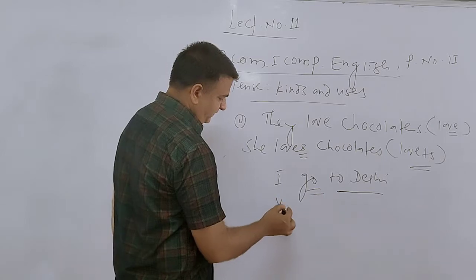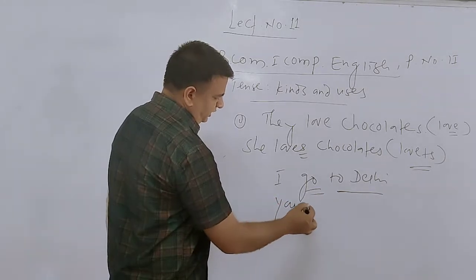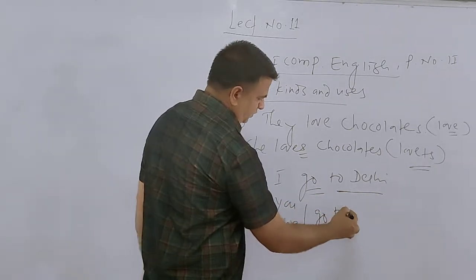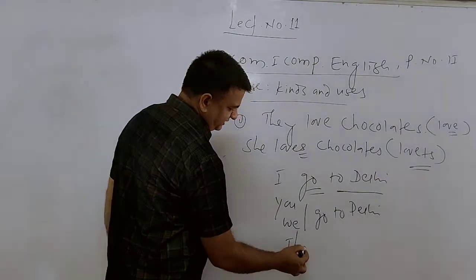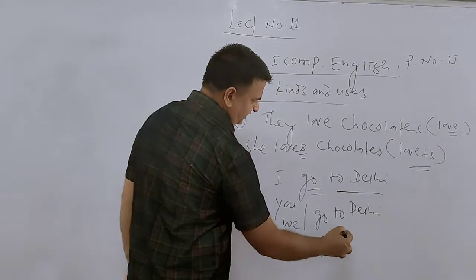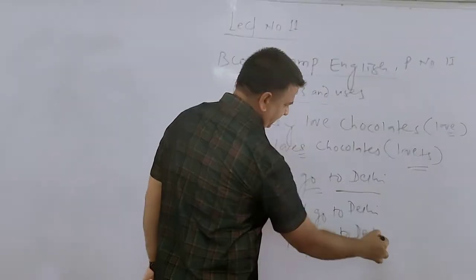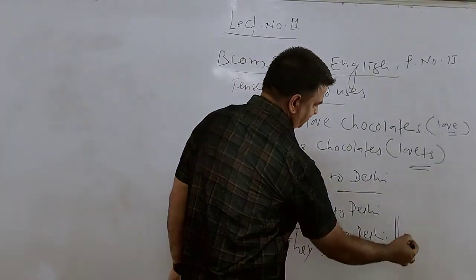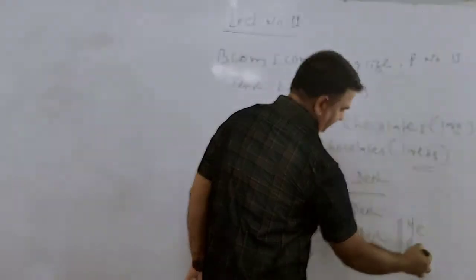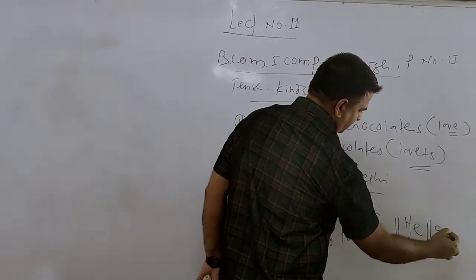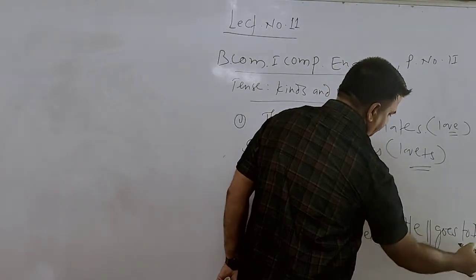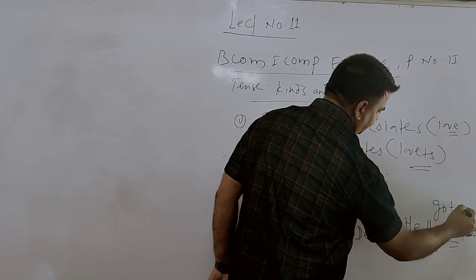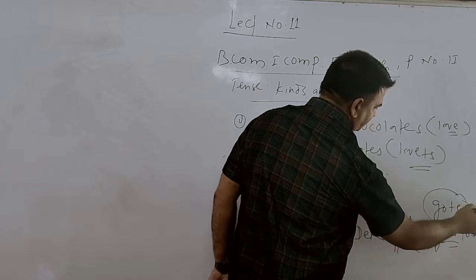We go to Delhi, or even in plural cases, third person, they go to Delhi. But in the third person singular case, we simply say he, she goes to Delhi. This is the only difference, go plus es.